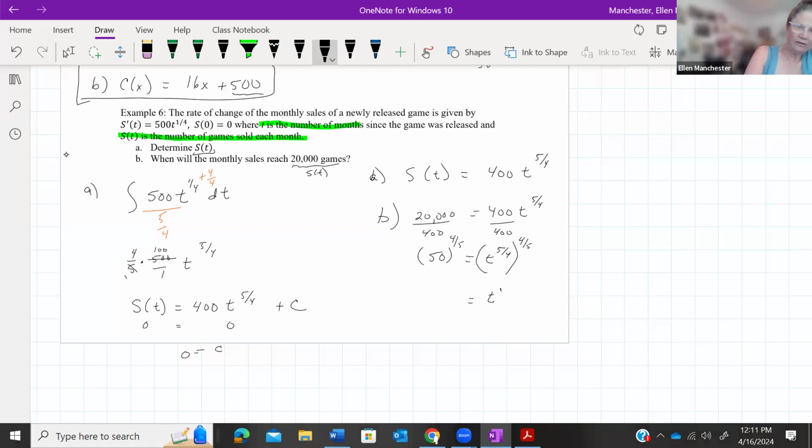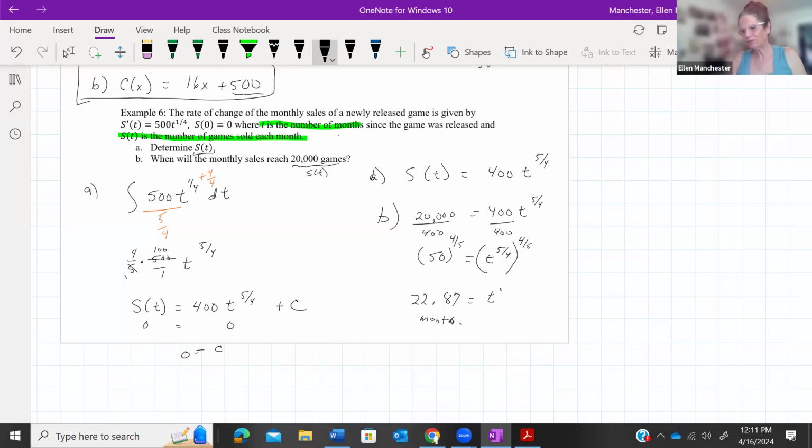So 50 raised to the 4/5 is 22.87 months, because this is the number of months. So almost 2 years. After almost 2 years, not quite 2 years, you're going to have sales that reach 20,000 games.